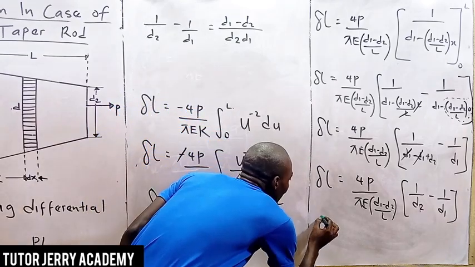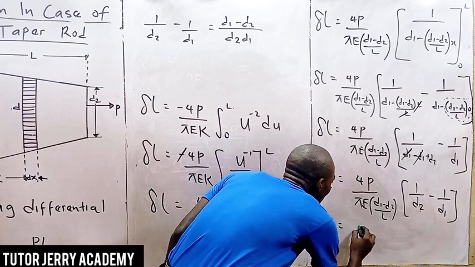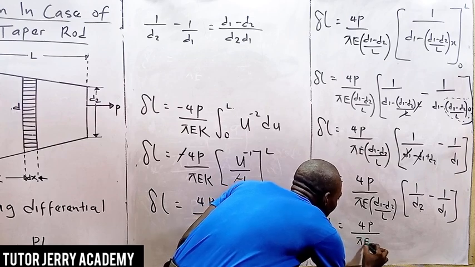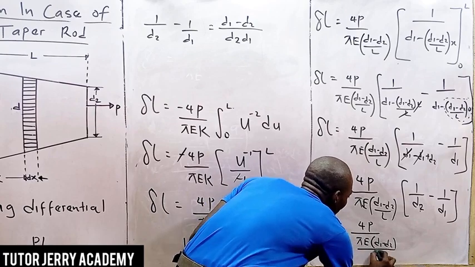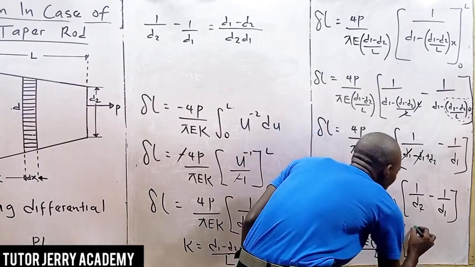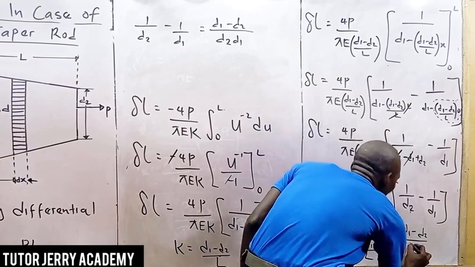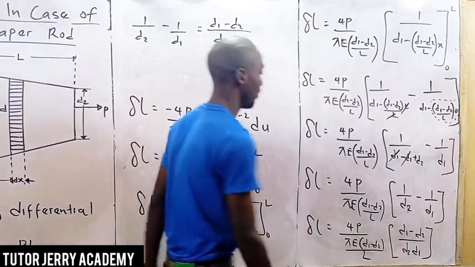So it shows that our dL will be equals to 4P all over pi E into D1 minus D2 all over L, then into D1 minus D2 all over D2 D1. All right.